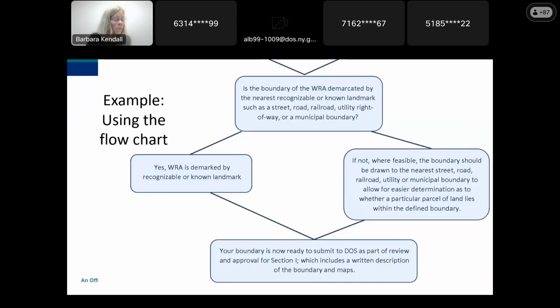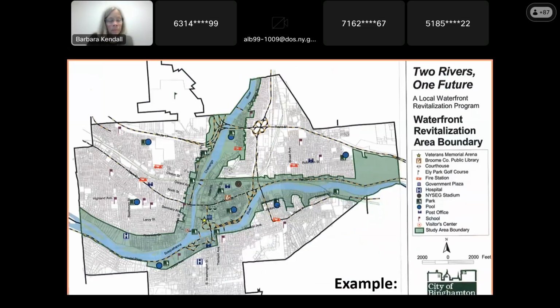No, you might want to think about how to demarcate that, or consult with us as to some ideas of how to do that. And when we get into the more rural areas of the state, that's where this becomes a little more subjective, and feel free to work with us as to how to determine that boundary. So here's some examples. This is the city of Binghamton.